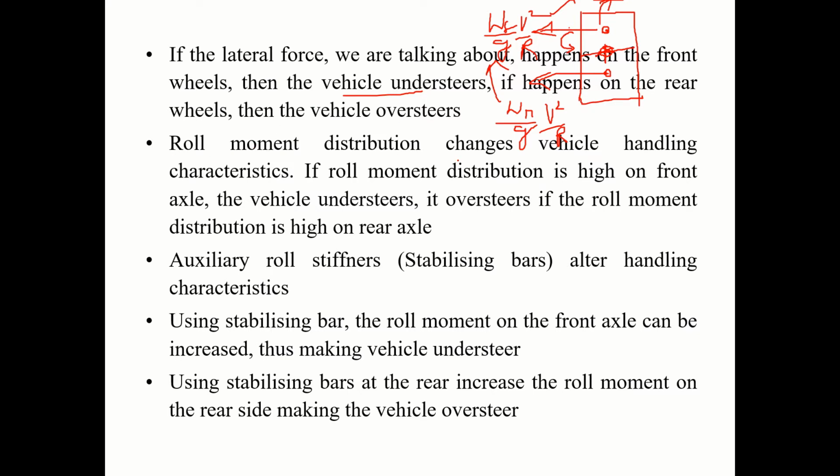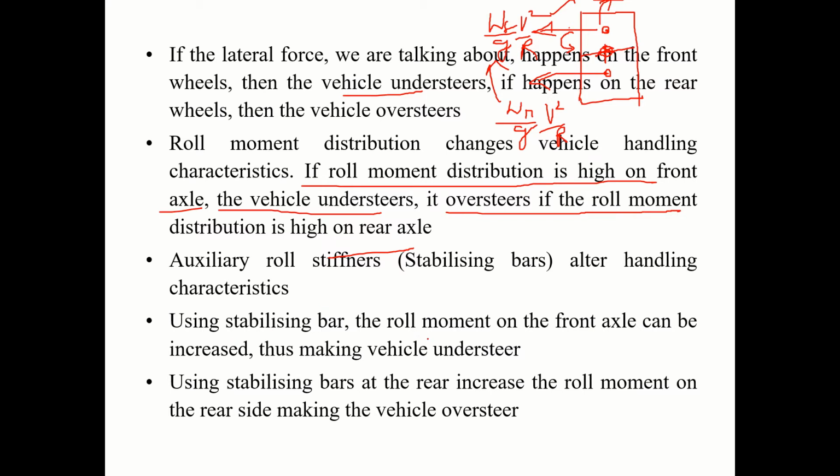Roll moment distribution changes the vehicle handling characteristic. If roll moment distribution is high on the front axle, the vehicle understeers. It oversteers if the roll moment distribution is high on the rear axle. Auxiliary roll stiffness alters handling characteristics; stabilizing bars we call them.